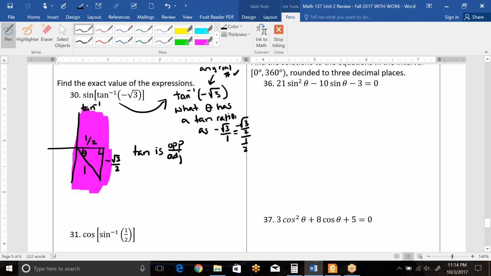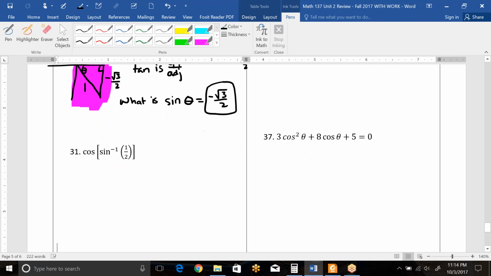This is the 1/2, and this is the 1. And all I care about, I don't care about what this actual angle is. I want to know what is sine of my theta now that I correctly have it in the correct quadrant based off of the inside part. So sine of this would be opposite over just height. So that's just negative square root of 3 over 2.